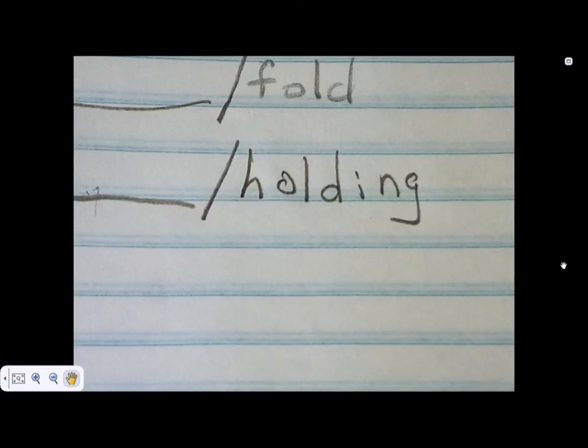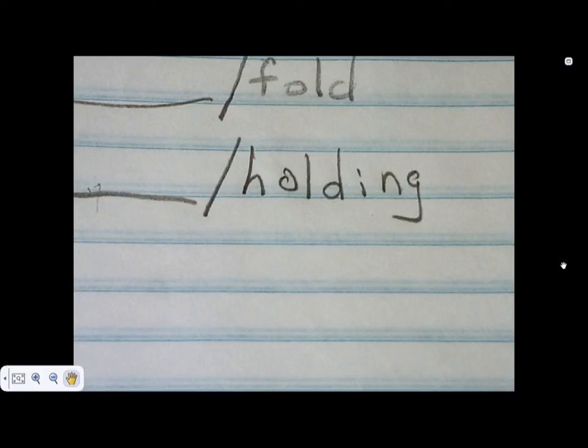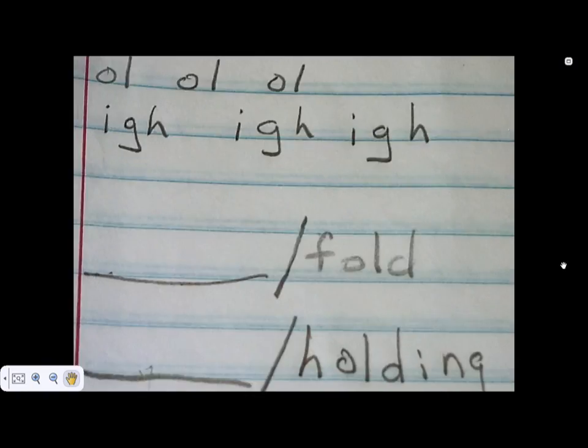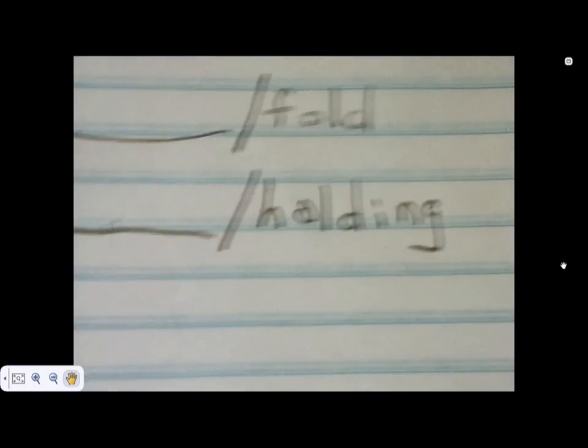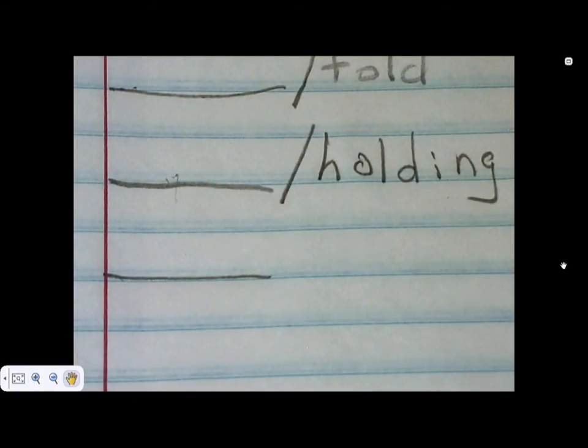Number 3, light. Repeat. Think about the sounds and the letters that spell those sounds, and we're looking for light. Okay. Right here should be where you attempted to spell light.